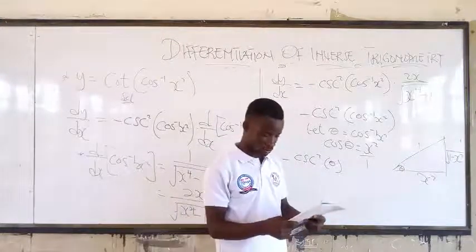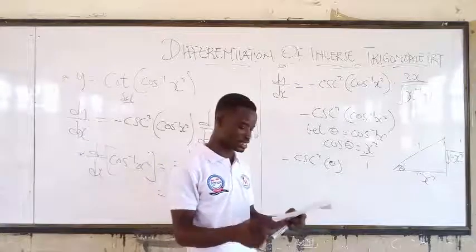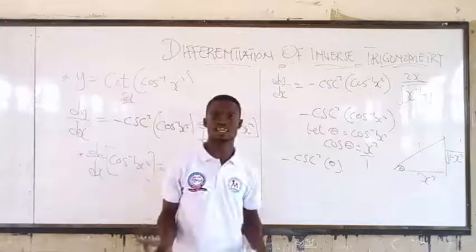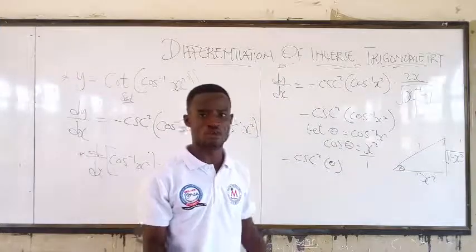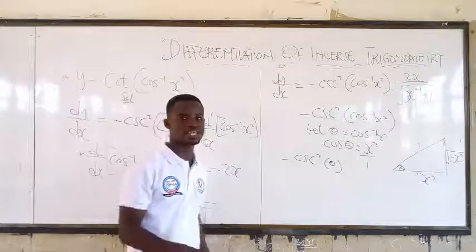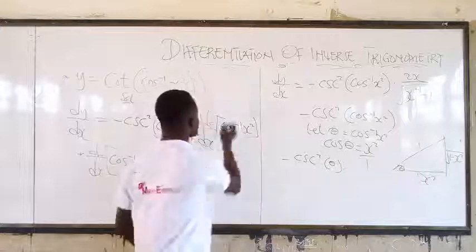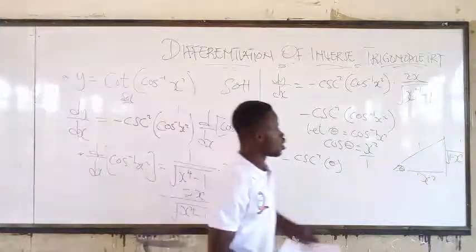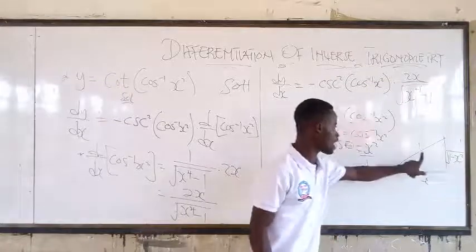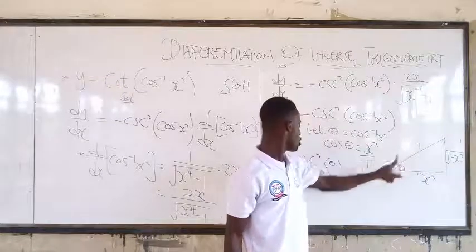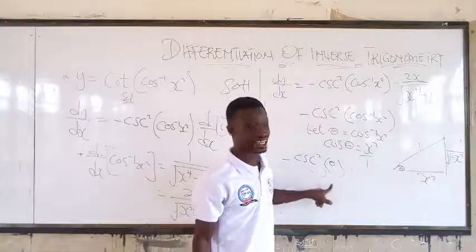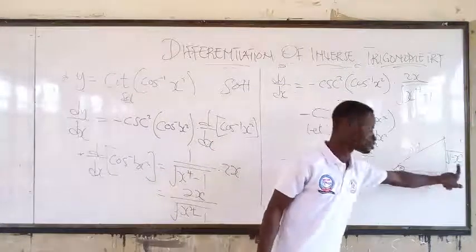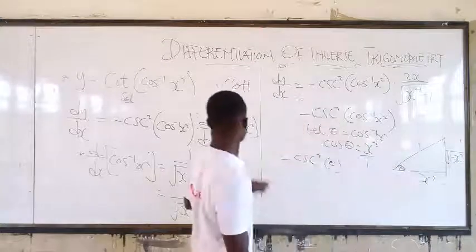We know that cosec is a reciprocal of what? Sine. So if sine is opposite over hypotenuse, opposite over what? The hypotenuse. Then cosec is going to be what? Hypotenuse over what? The opposite.